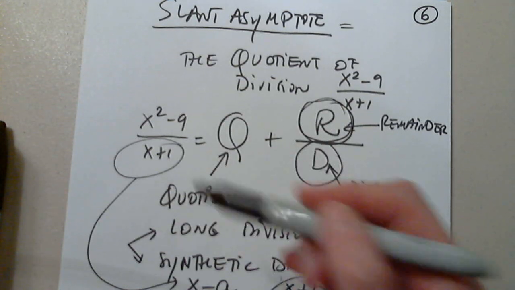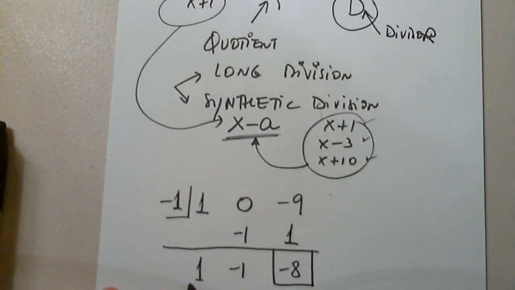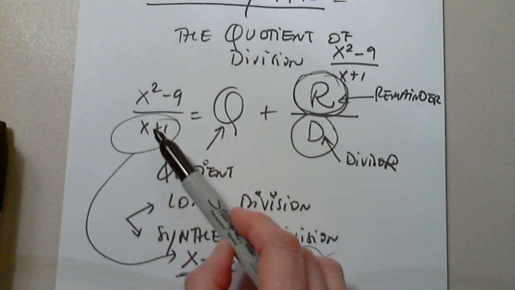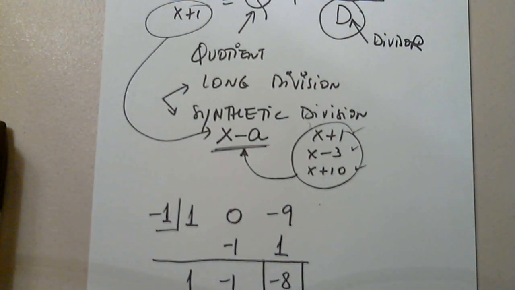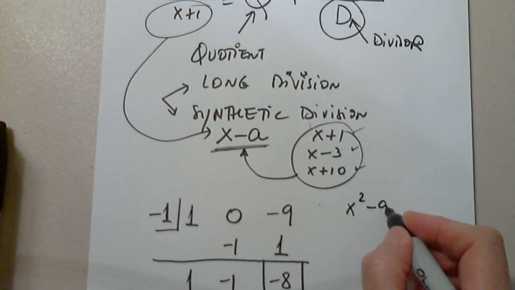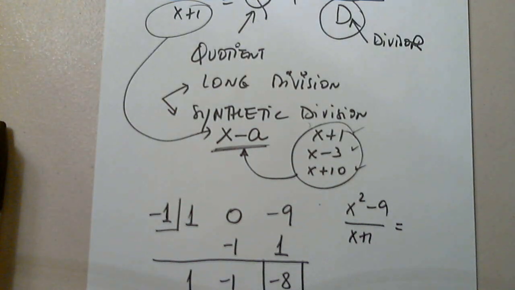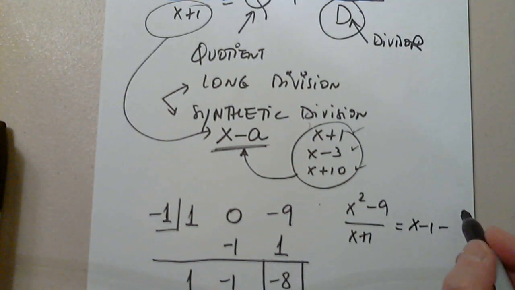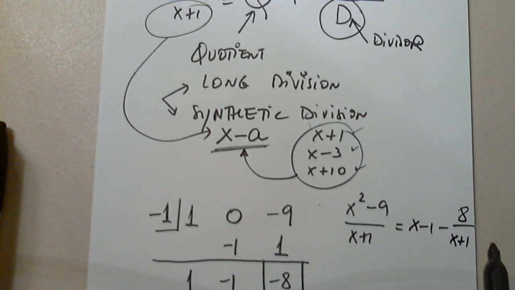The divisor is x plus 1, and the quotient comes from here. Since I divided power 2 by power 1, this has to be power 1. So x squared minus 9 over x plus 1 is x minus 1 minus 8 over x plus 1.